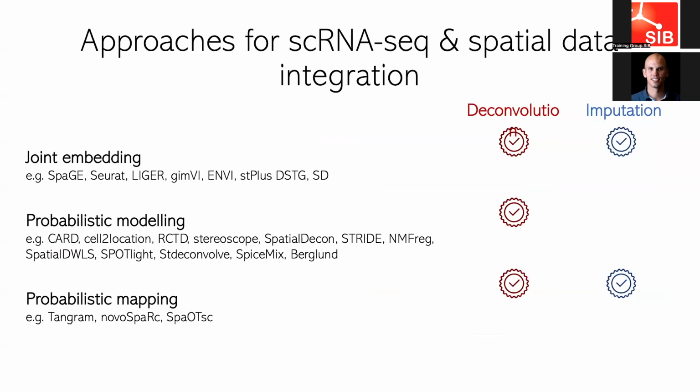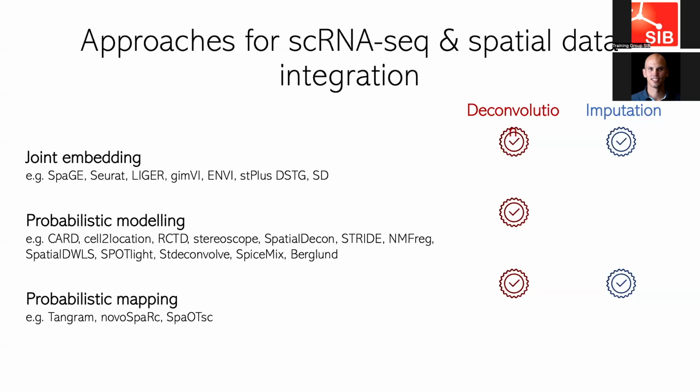These are, at least in my own classification, the types of methods used to do these tasks, and what they can do. You can do joint embedding of the two data sets, so you try to learn a latent representation of the spatial and the single cell data. If you do that, you can do both tasks.